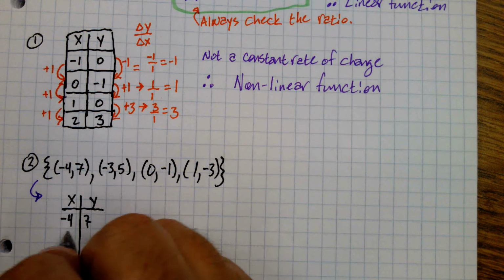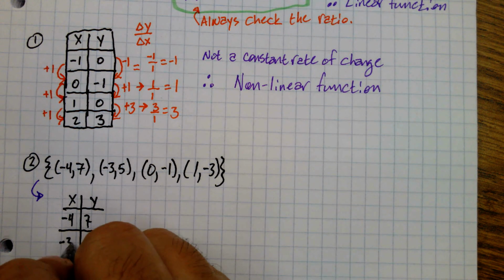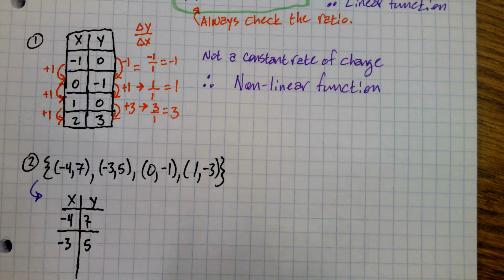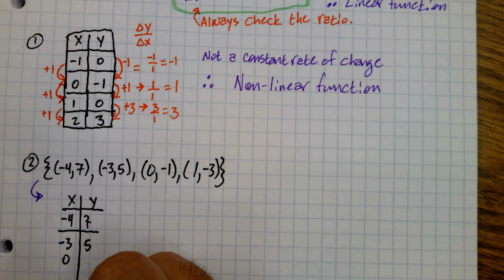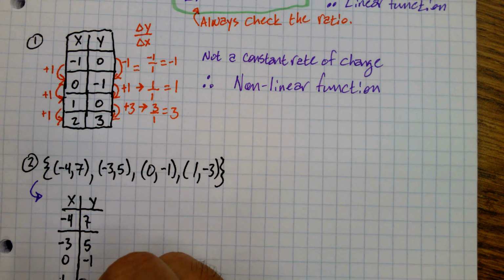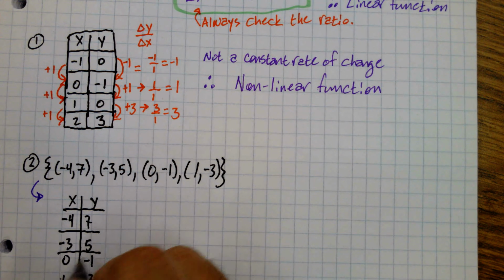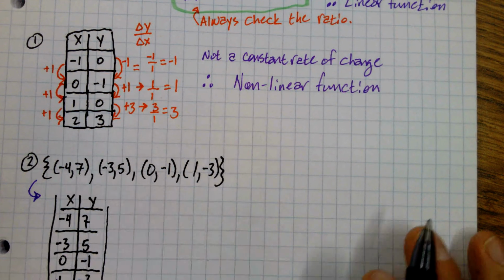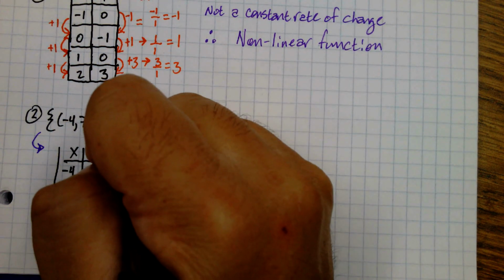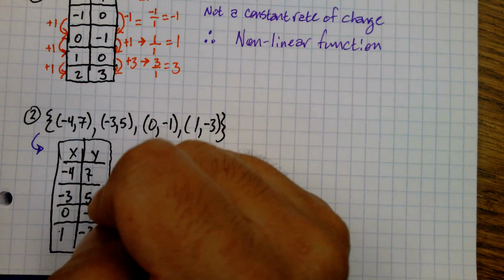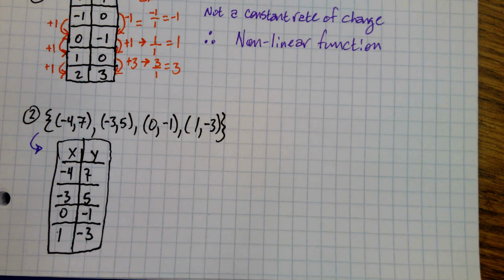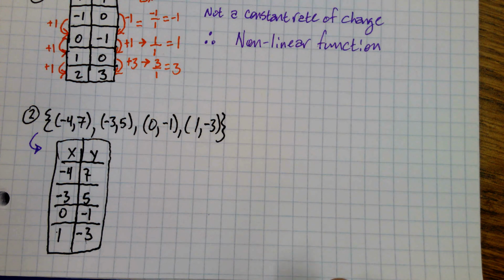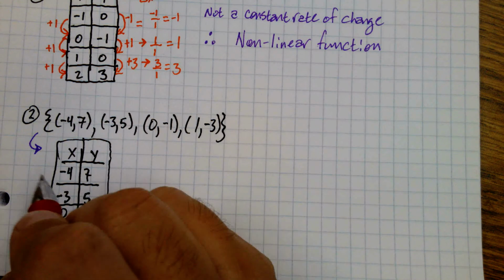-4, 7; -3, 5; 0, -1; 1, -3. So turn it into a table, and let's just take a look.